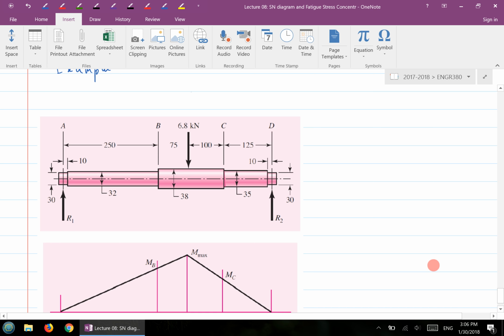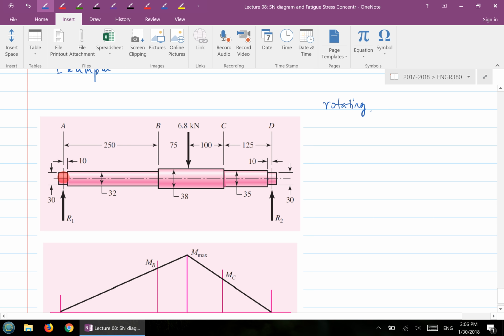So if you look at the examples that I gave you here, I'm going to skip some of the known conditions. Yeah, here. Okay, so here's a shaft, basically. It's a rotating shaft, right? If you look at the example, this is a rotating shaft here. And the force here is stationary.